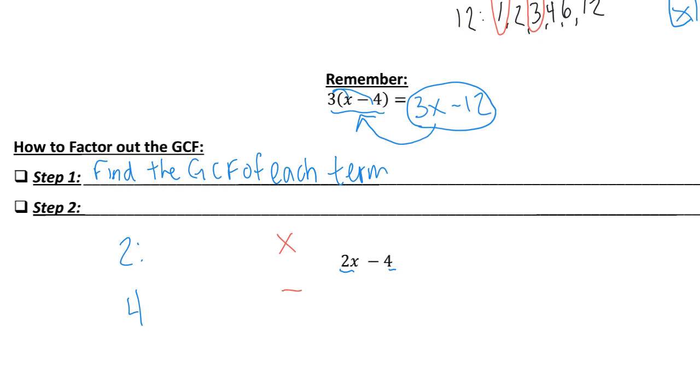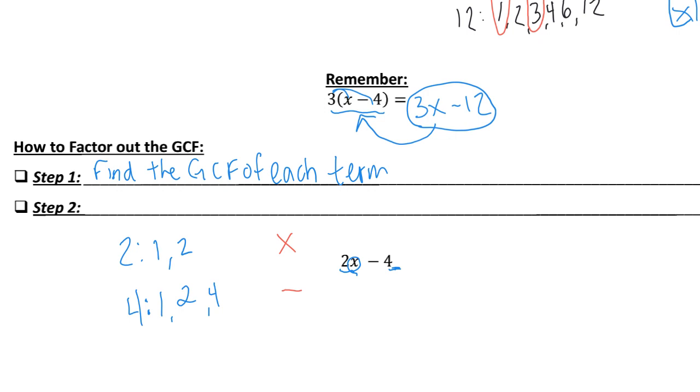Okay, so our numbers, factors of 2: 1 and 2. Factors of 4 are 1 and 4, and 2 and 2. So it's just 2. And then our variables, one has an x and one doesn't. So it's just x and nothing.